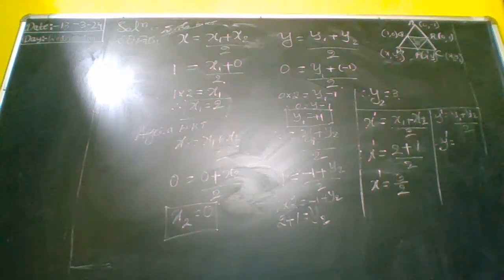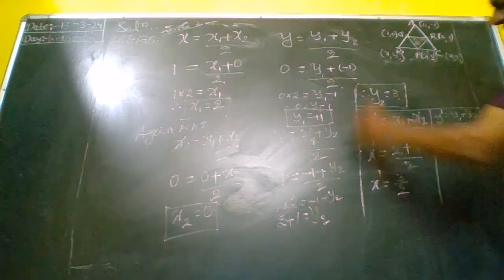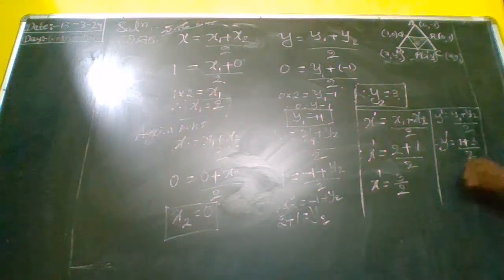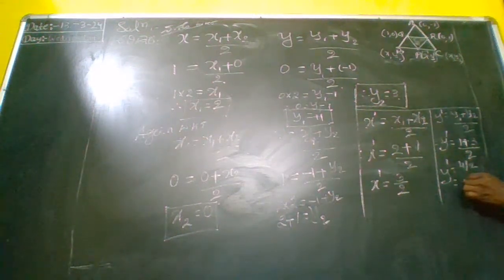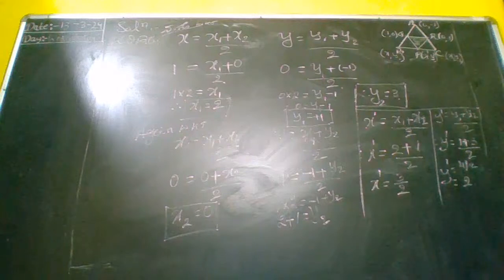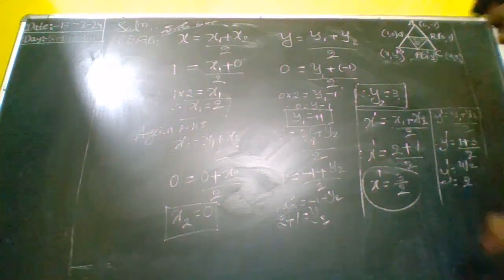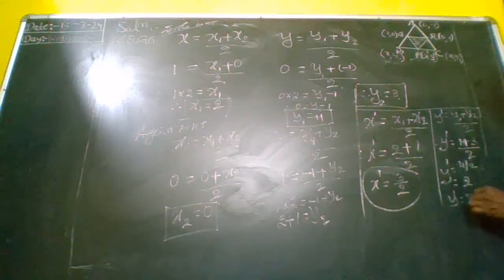It is 1. So 1 plus, what is the value of y2? 3, divided by 2. Therefore y dash equal to 4 by 2, that is 2. So finally we have got the coordinates of P, that is x dash equal to 3 by 2 and y dash equal to 2.